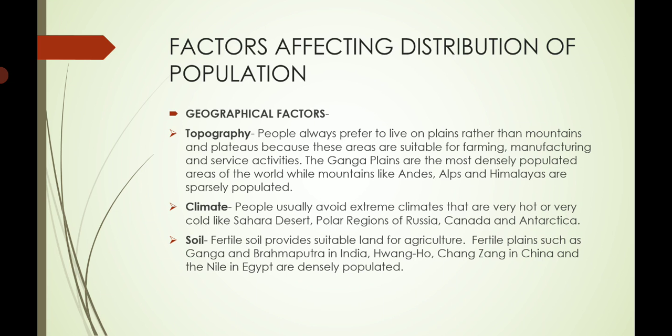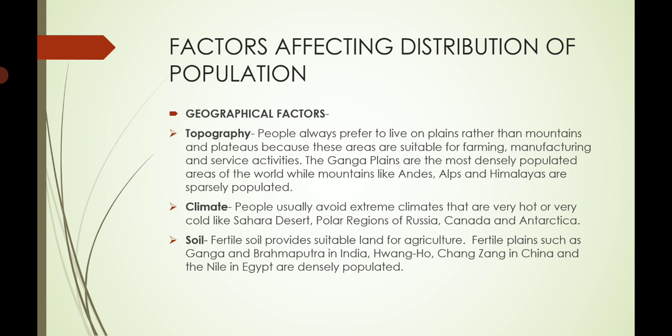If we talk about climate, people usually avoid extreme climates, like very hot deserts or very cold mountain or polar regions. So people avoid these kinds of areas or climates.